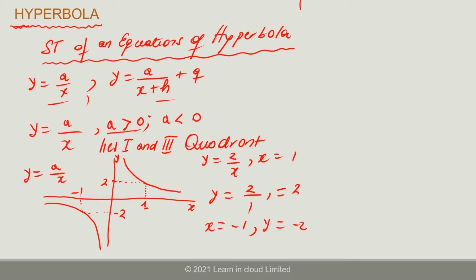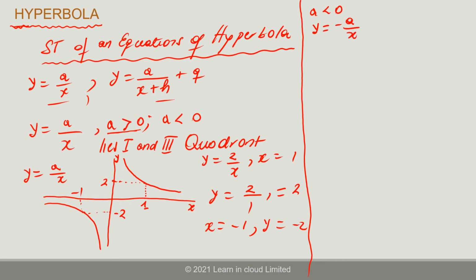So I'm gonna draw a quick line here. And when a is less than 0, it means that your graph y is going to be equal to, let's put it as, negative a over x.